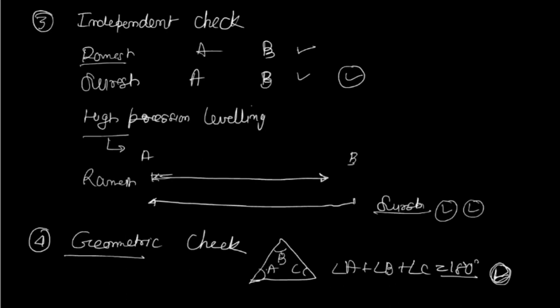So I will again repeat the gross error. Gross error is just the random blunders done by the observers, or when the observer is not carefully doing the work. Due to this the gross error comes. For example, if you are not reading the scale properly, you are not sighting where you need to sight, or not focusing properly, due to this observer carelessness the gross error occurs.